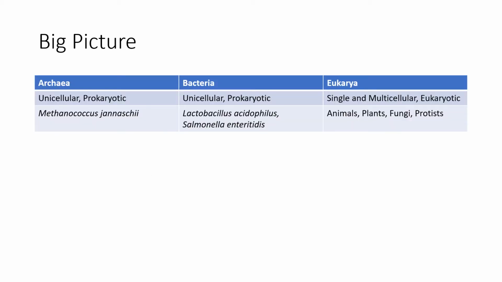So let's get started. Just to put plants in context with all other living things, remember that there are three domains of life. What that means is everything living belongs in one of these three domains. We're not going to review the details of these, but just to recall, the archaea are what we call extremophiles.